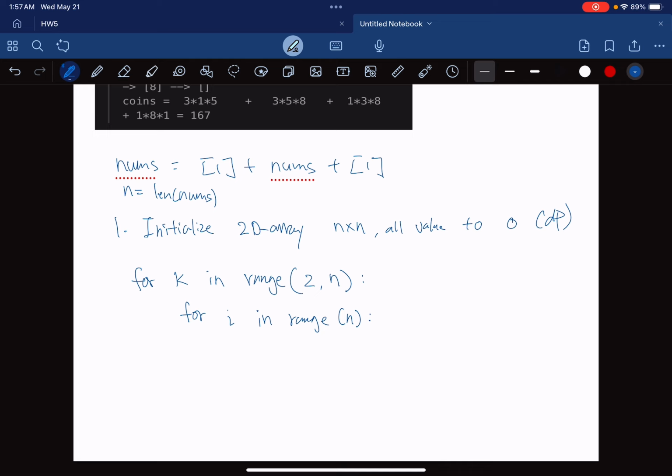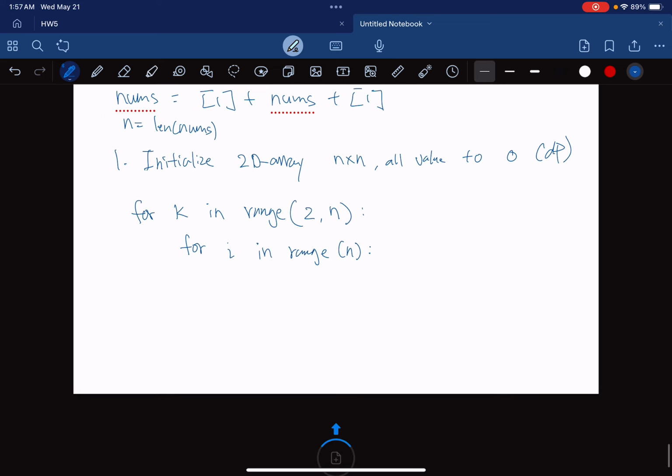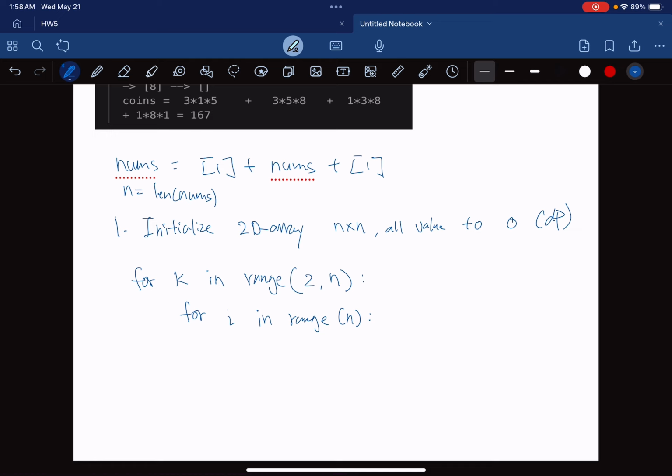For each row, there should be a corresponding value of j, which is the right index. J should equal i plus k, because we know that there are k distances away.